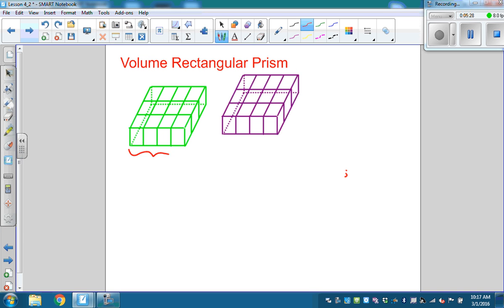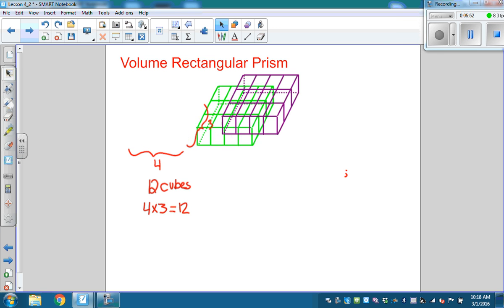This prism has 4 cubes this way, a length of 4 by 3. So you can see there's 12 cubes in the green prism, because 4 times 3 is equal to 12.